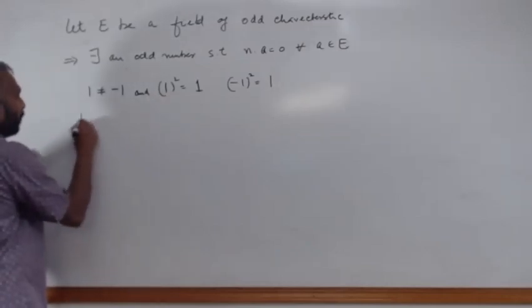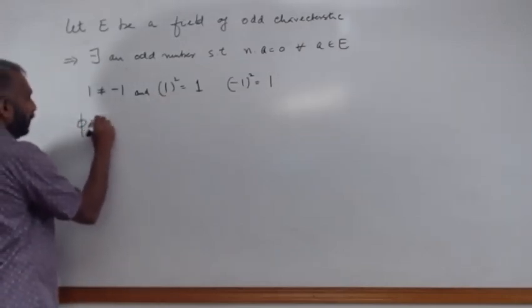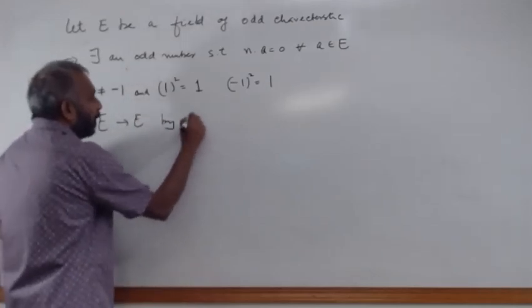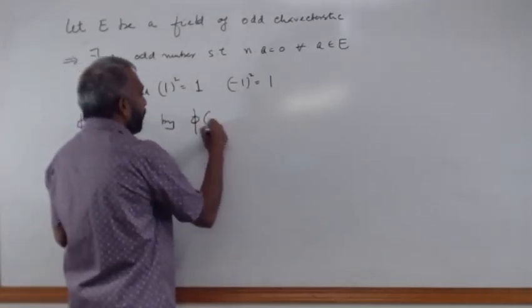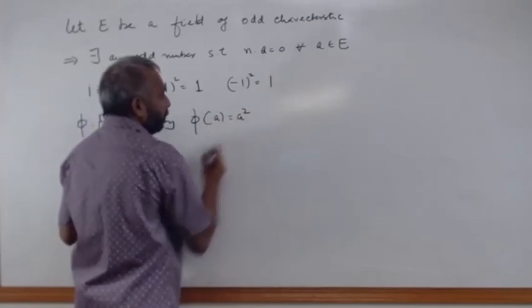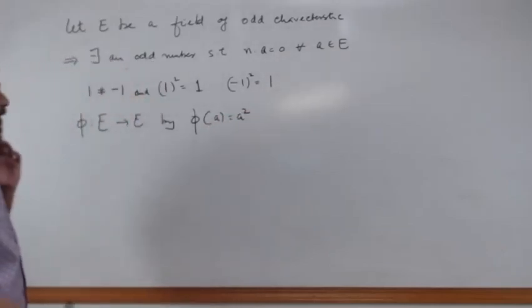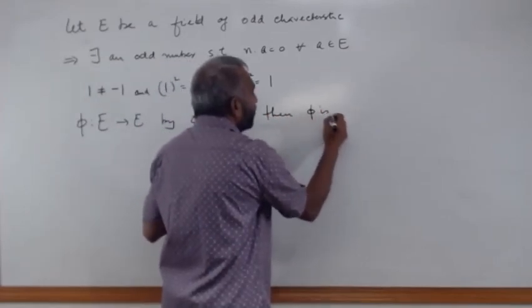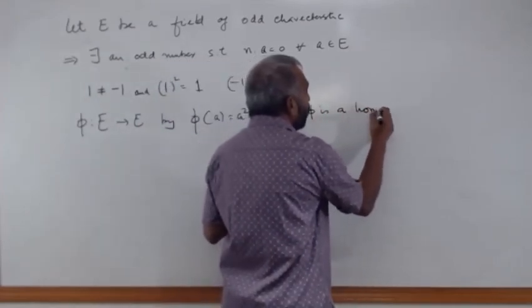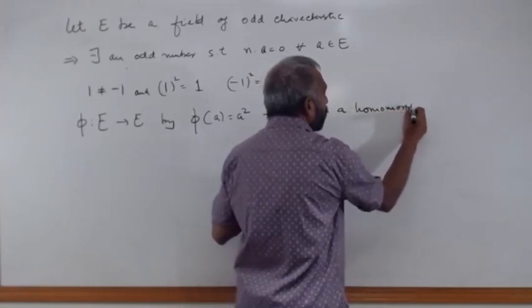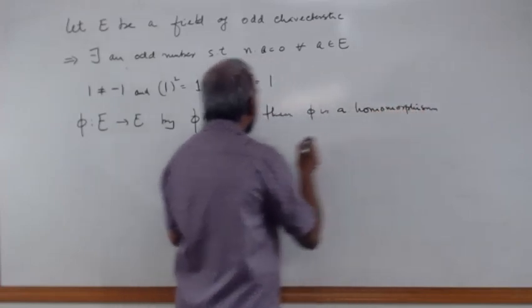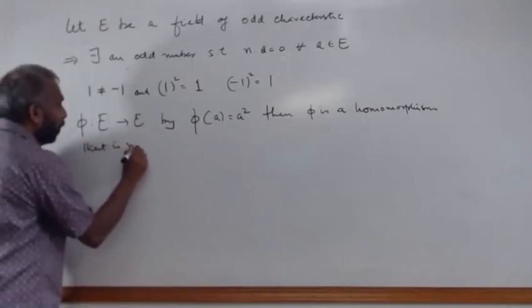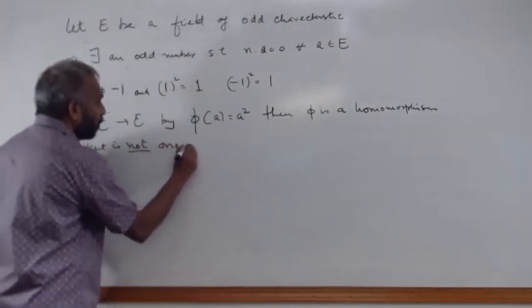So if you define a function from E to E by phi of a equal to a squared, then phi is a homomorphism that is not 1-1.